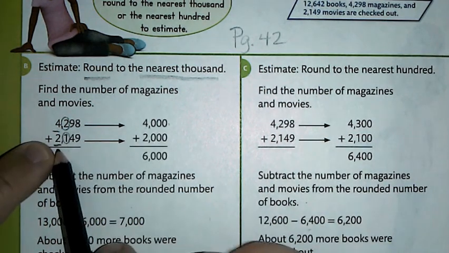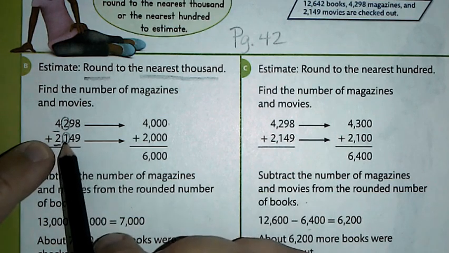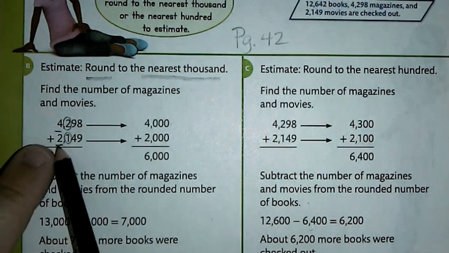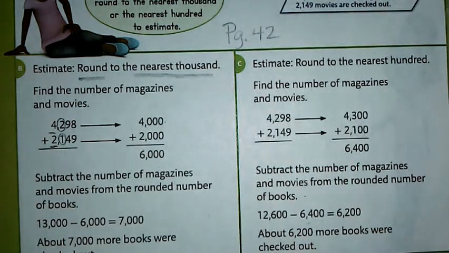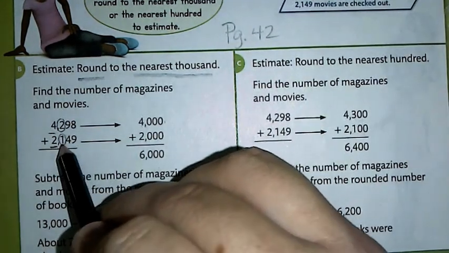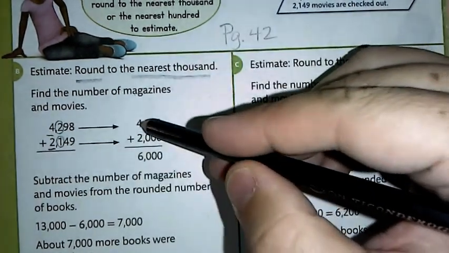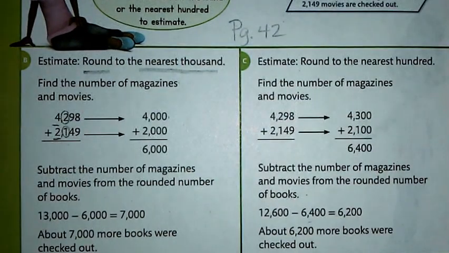Now when we take a look at 2,149, do the same thing. If I had one finger holding the string of that balloon, would it float away? No, right? Because it would be wrapped in my fist on one finger, but it's not going to float away. So my 2 is going to stay the same. All right? So that means that anything I circled and anything behind it turns to zeros. Well, that means that now I've got 4,000 plus 2,000, and that's 6,000.